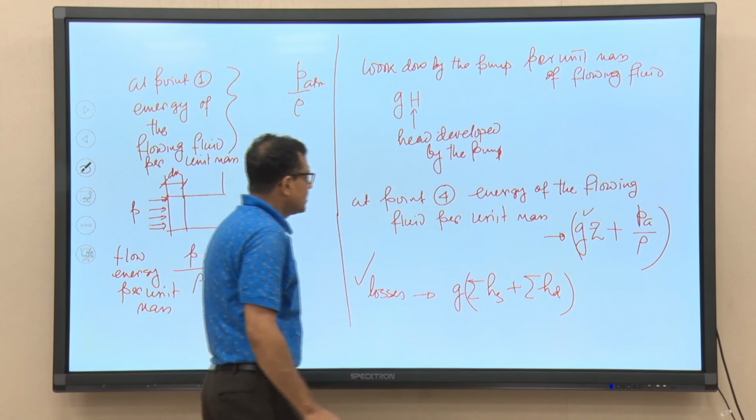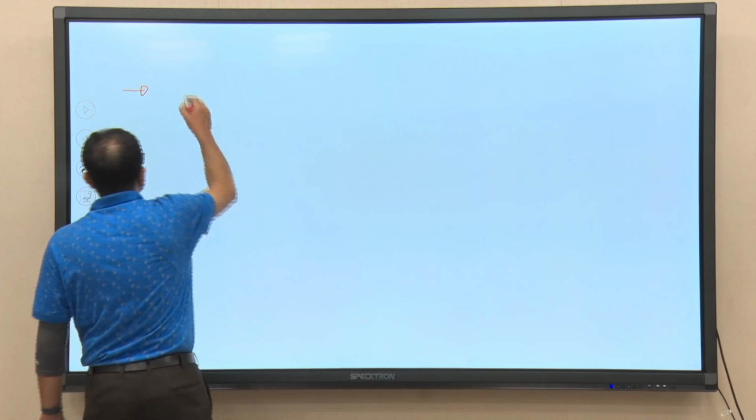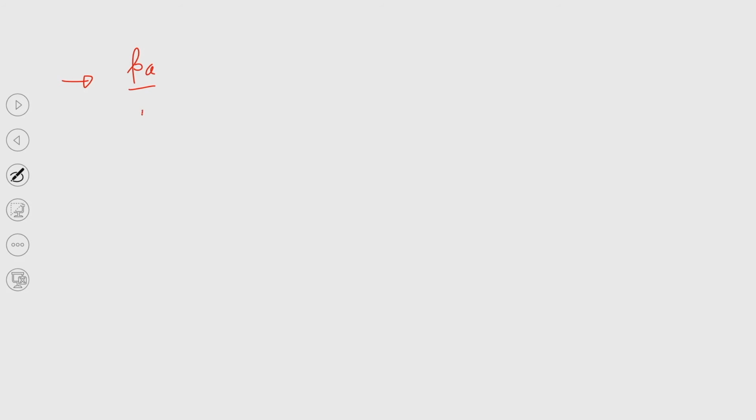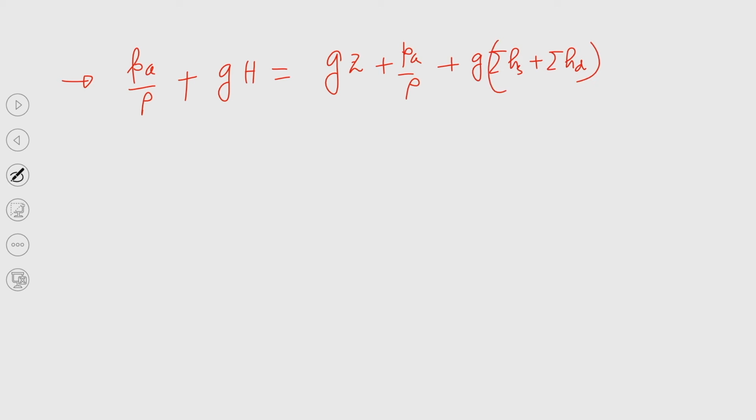So, basically if we sum up all this, we can write P A by rho plus G into H equal to G into Z, that is nothing but Z D, plus P A by rho plus G into summation of H S, summation of H D. So, all losses, both at the suction and delivery side, right.